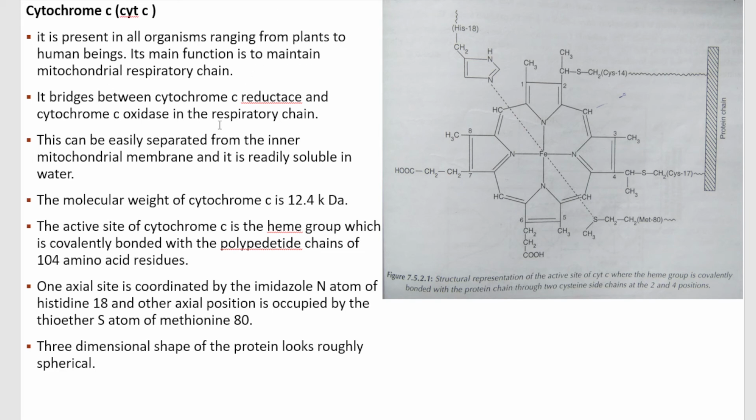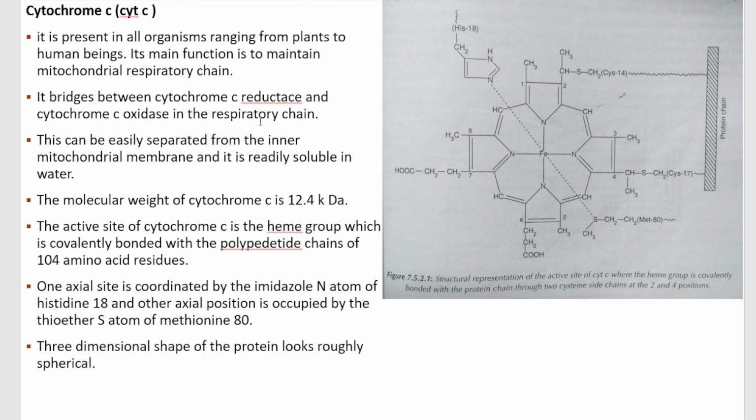There are two forms of cytochrome C, that is cytochrome C reductase and cytochrome C oxidase. It bridges between cytochrome C reductase and cytochrome C oxidase in the respiratory chain. Meaning to say, it can take two forms in the respiratory chain, by losing or by gaining electrons.